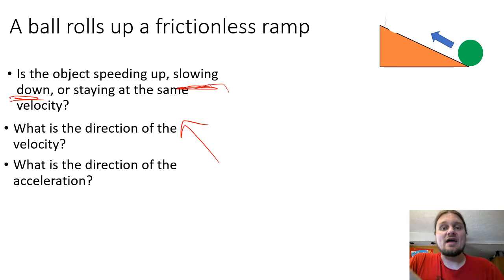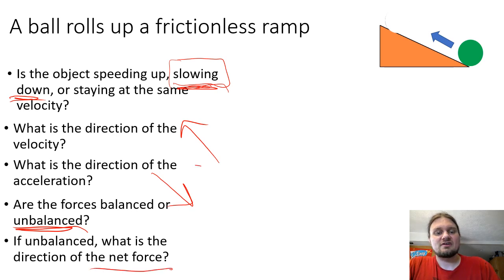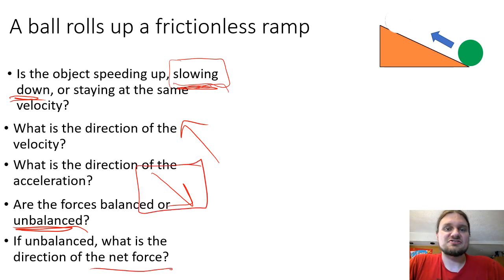It's like chipping away at the velocity, tearing it down. So we have to go opposite the direction of the velocity because it is slowing down. The object's velocity is changing, it's slowing down, and that is a change. So the forces are unbalanced. And then the direction of the net force is the direction of the acceleration, always, forever, 100% of the time.